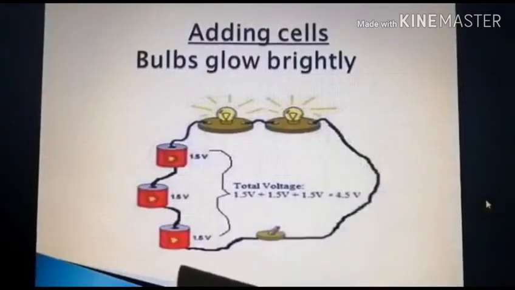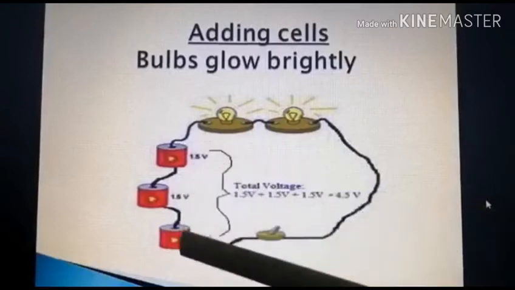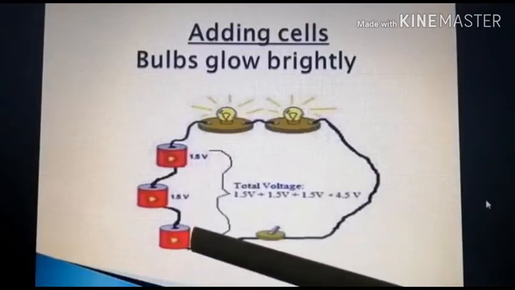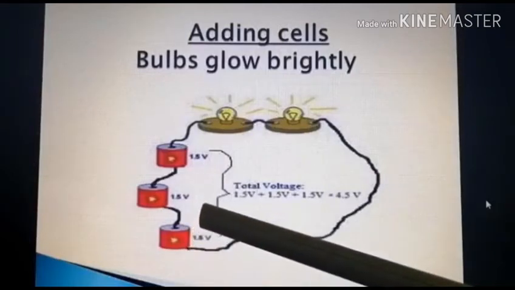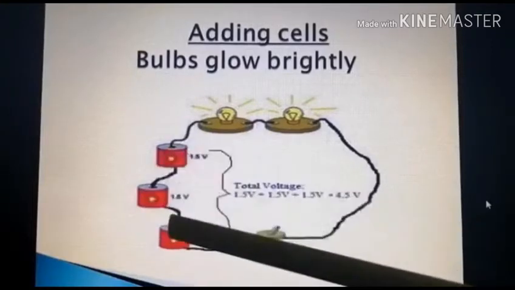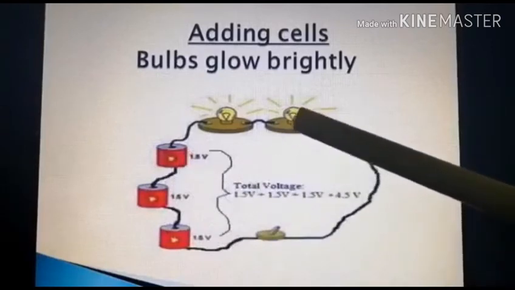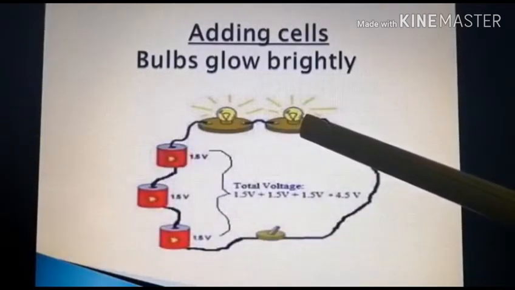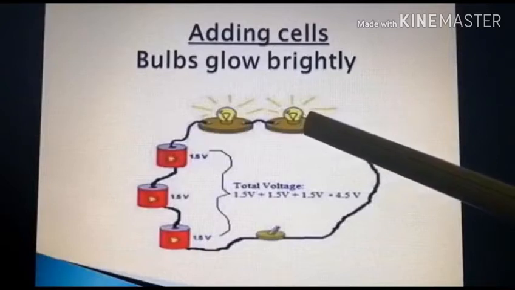Because I am adding more cells here. Here is 4.0 volt, and now here is a 4.5 volt power supply. These are 3 cells. They give more power to the bulbs, so they will glow very brightly. Understood?